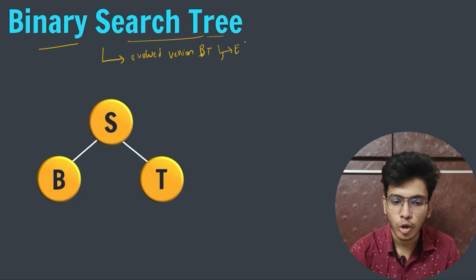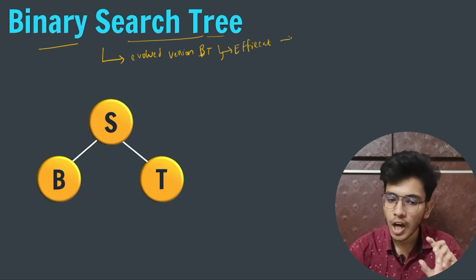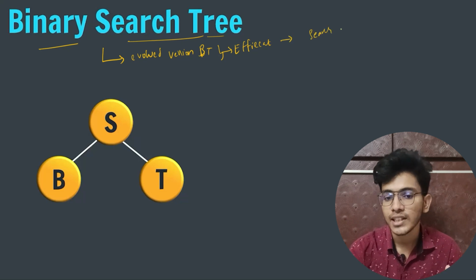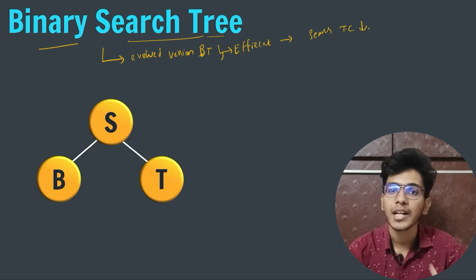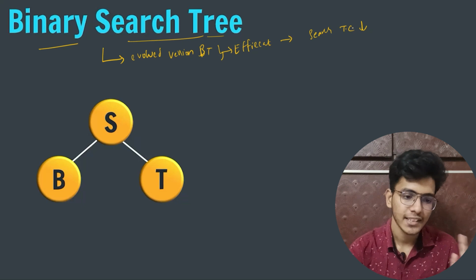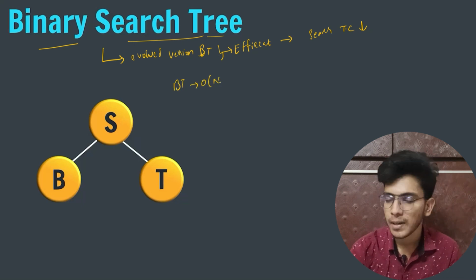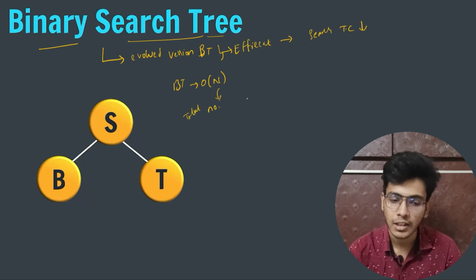BST is a much more efficient data structure, and whatever operations we perform, let's say I am performing a search operation, its time complexity will be much lesser when compared to a general binary tree. Let's say for a general binary tree I am getting a time complexity of big O of n for a particular operation, and this n is the total number of nodes present in my binary tree.